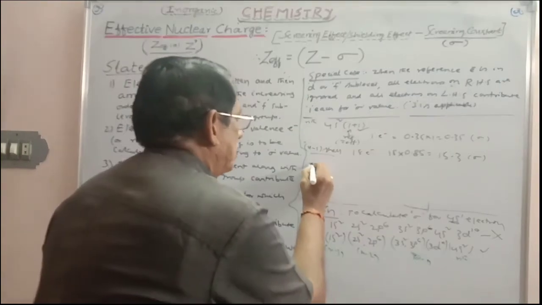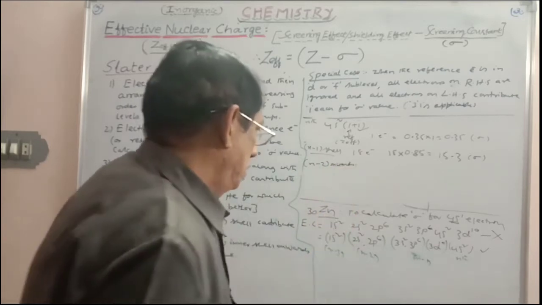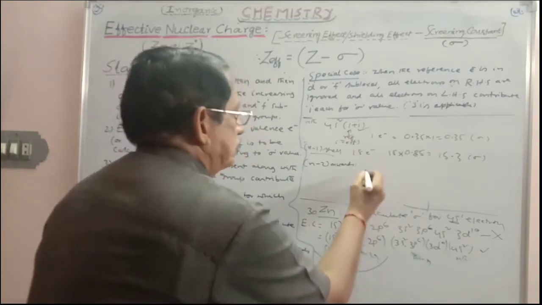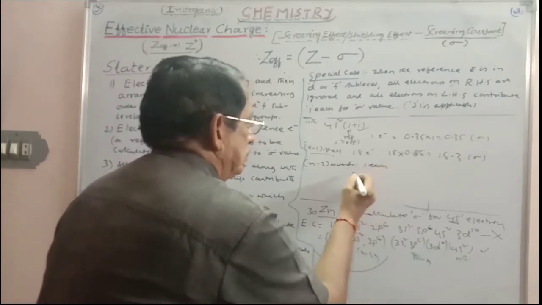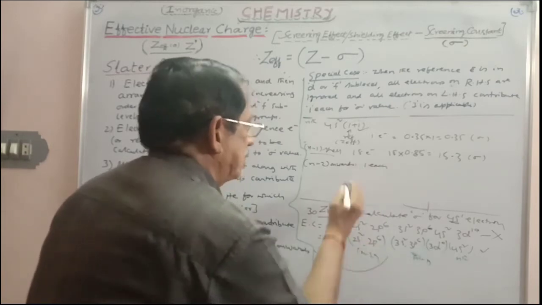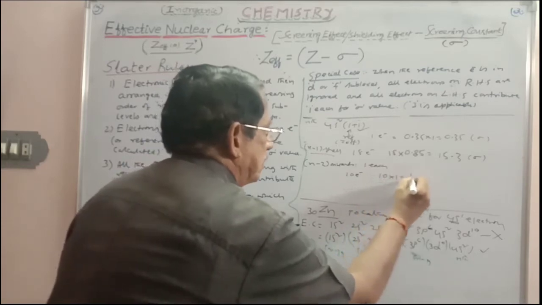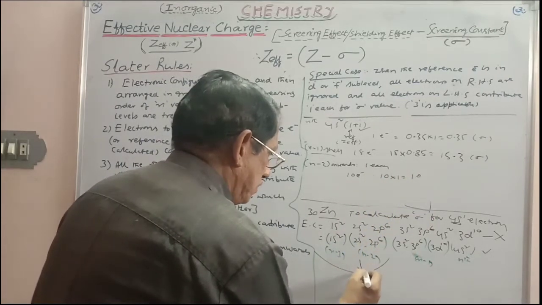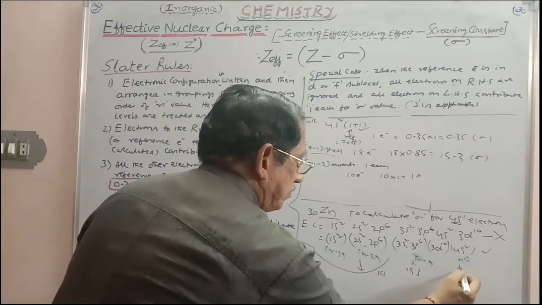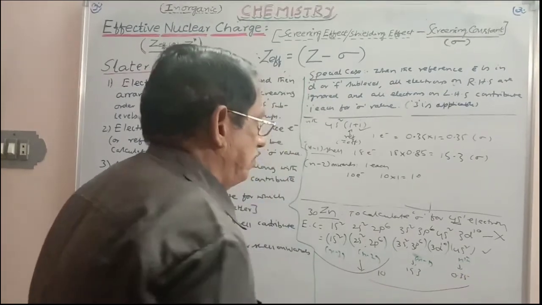Next, n-2 onwards. n-2, n-3, both these onwards, one each. There are 10 electrons: 2 plus 2 plus 6, 10 electrons. So 10 into 1 is equal to 10. For these there are 10, for these 15.3, for these only 0.35. All put together gives the sigma value.